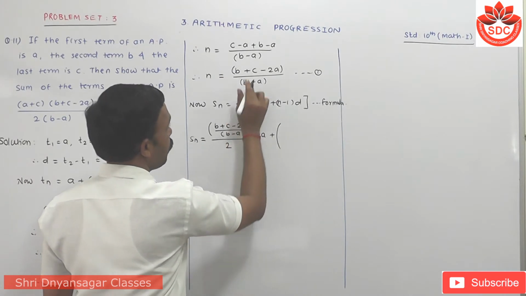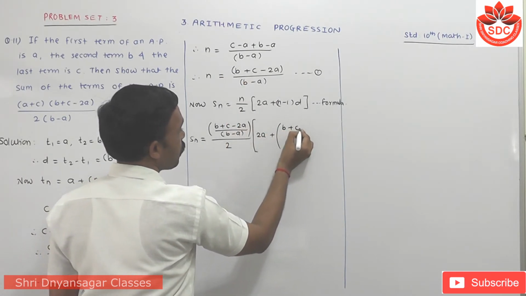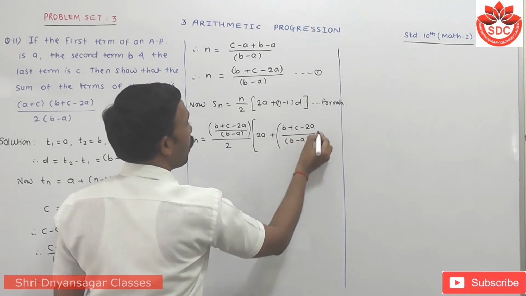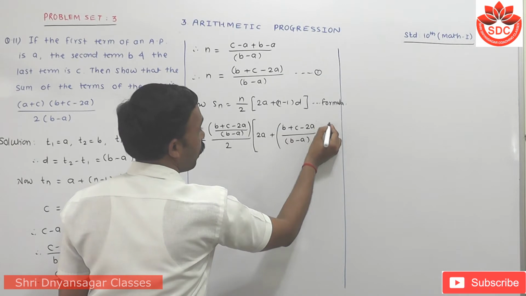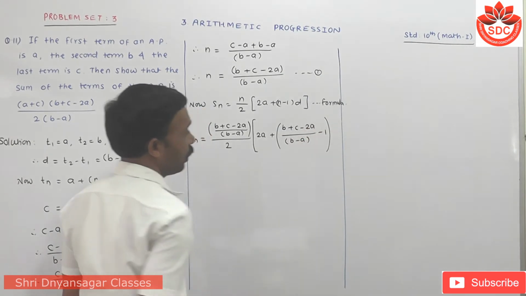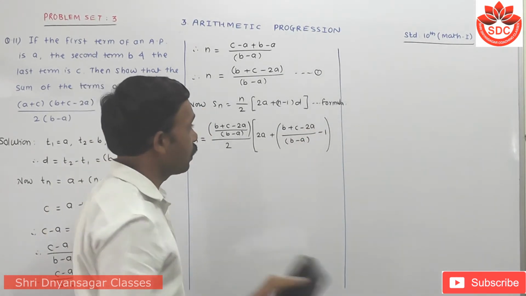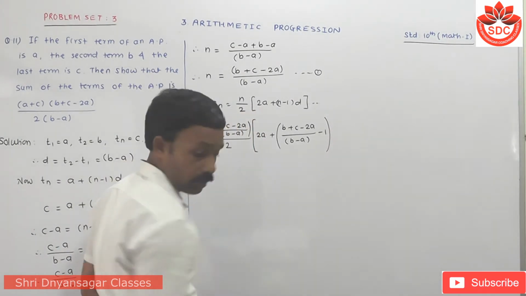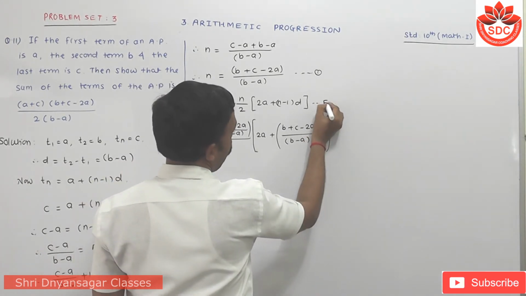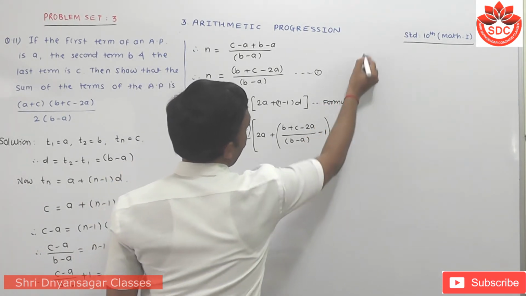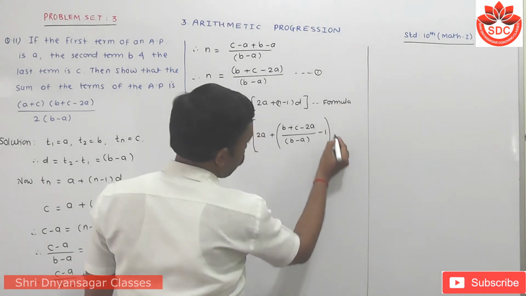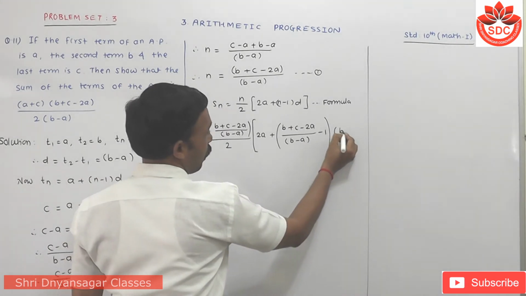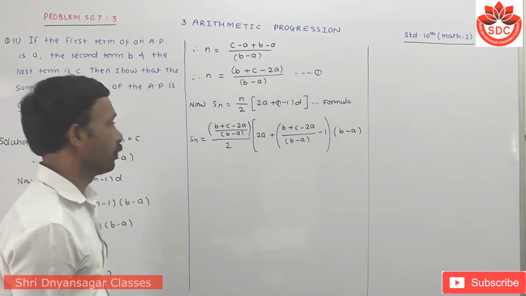Here n is this value, (b + c − 2a)/(b − a), minus 1, student look carefully, minus 1 into d, where d is b − a.